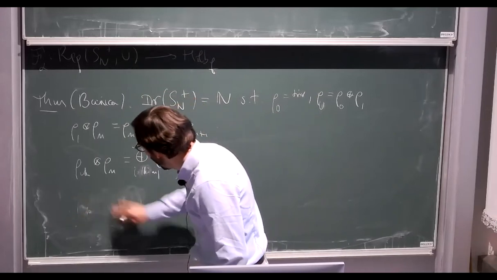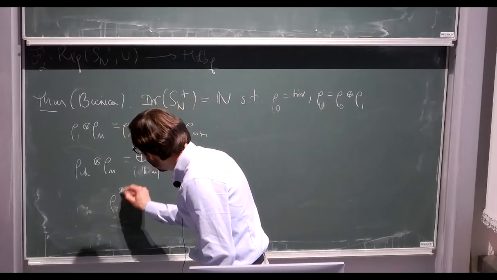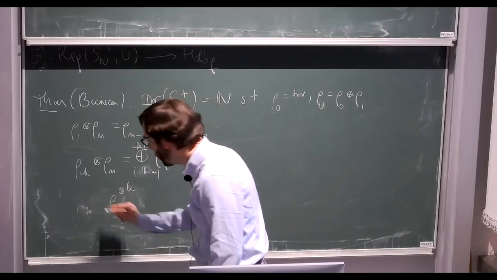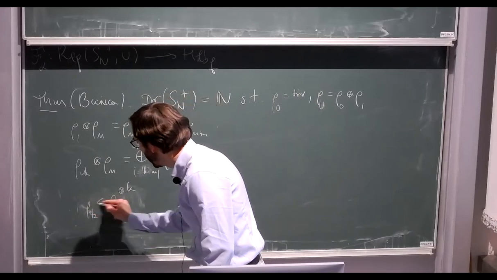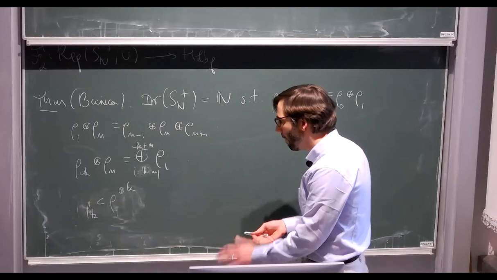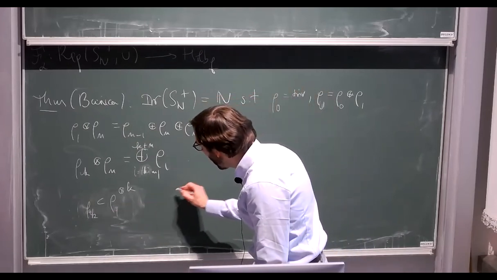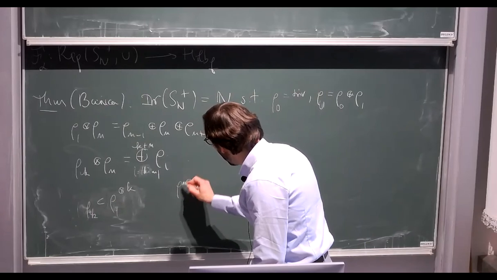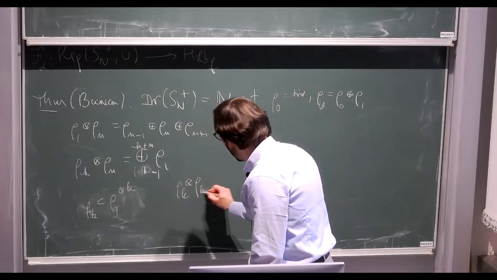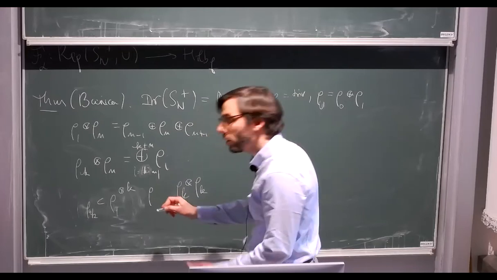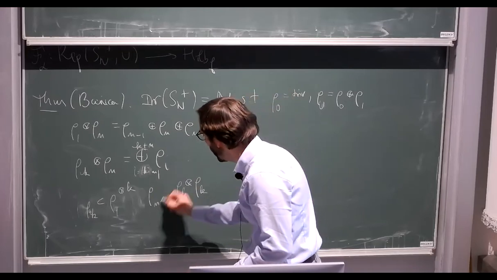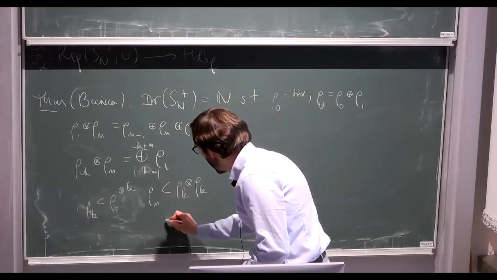If you take rho 1 tensor k, then you have a unique copy of rho k inside it. That's easy to see. And now, if you take rho k tensor rho k and you take an n which is between 0 and 2k, then you have a unique copy also.